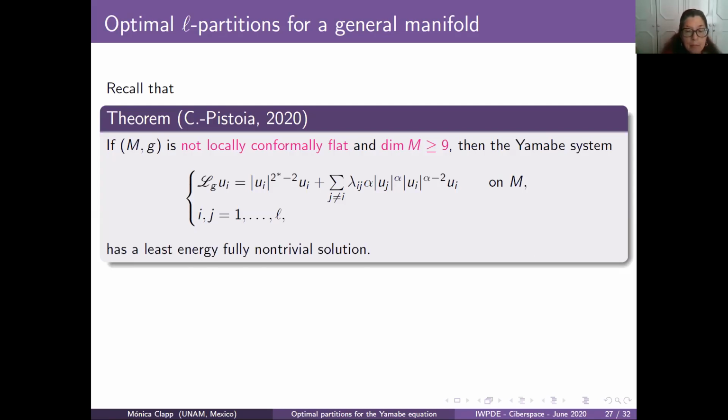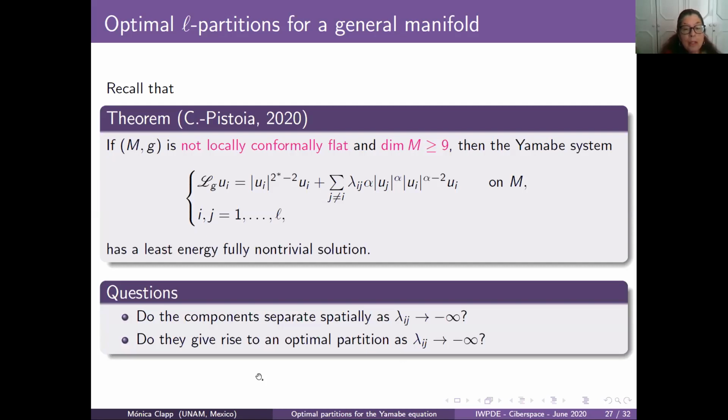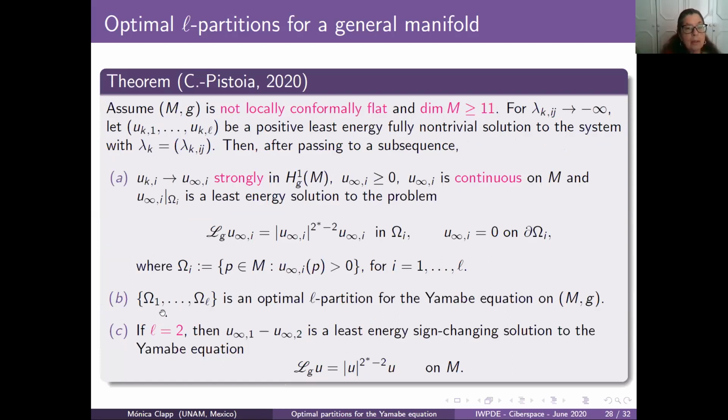So the question now is, what about the behavior of these minimizers when the lambda ij go to minus infinity? And the result that we have so far is the following one. If the manifold is not locally conformally flat, as in the previous theorem, but now we need that the dimension is larger than or equal to 11, then we have again a good behavior.